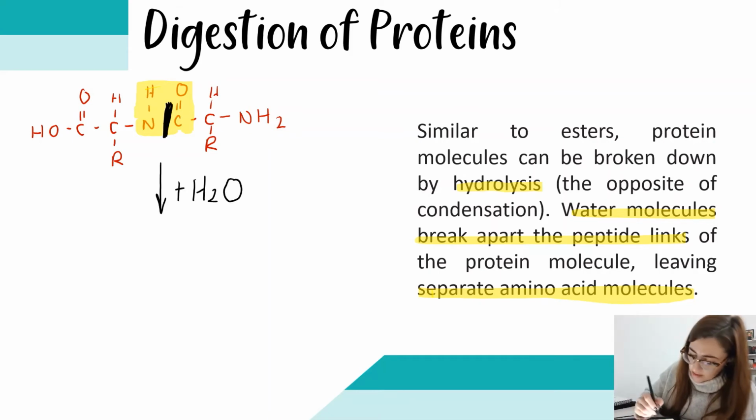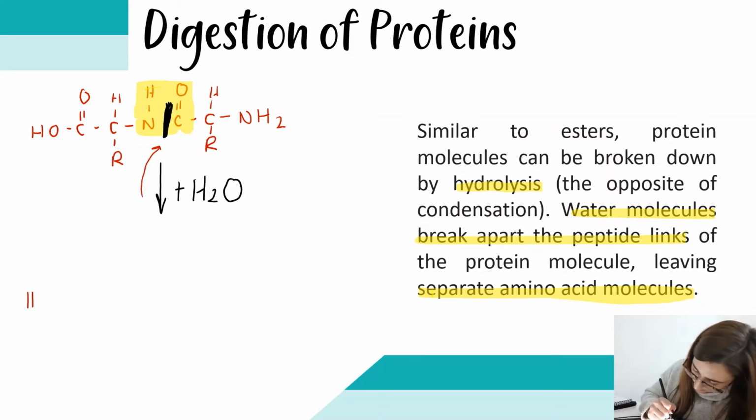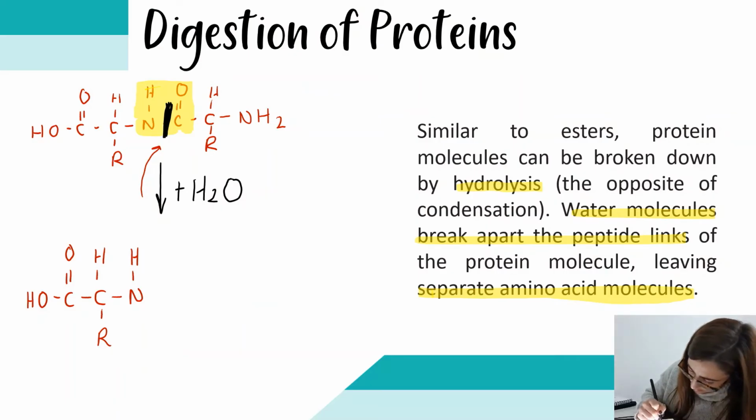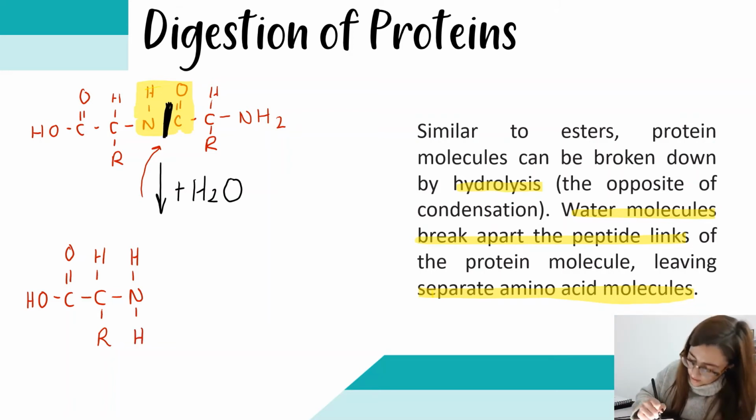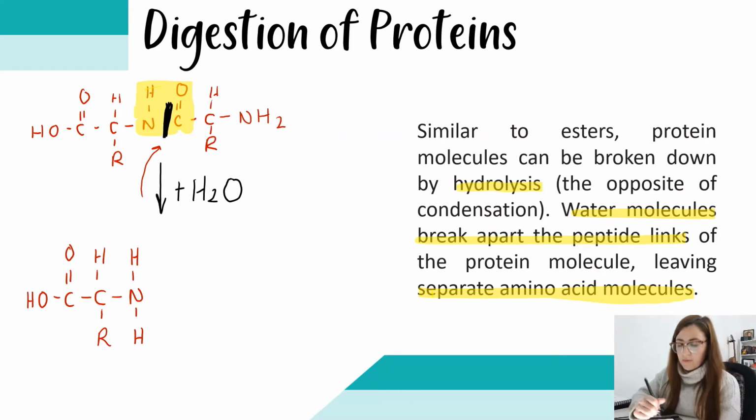So if I'm splitting where I've drawn my line here, then the first amino acid is going to be this OH, C double bond O, C H R, NH, and when I put water back in, one of the hydrogens from the water adds back onto my amine group to get my amino acid and my complete amino group, which is NH2.